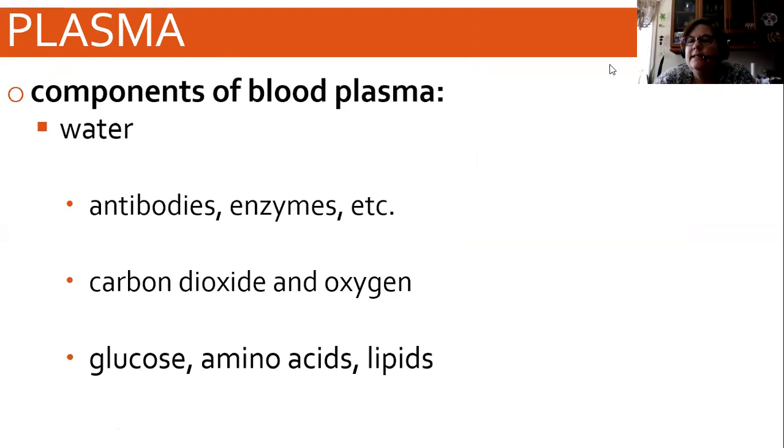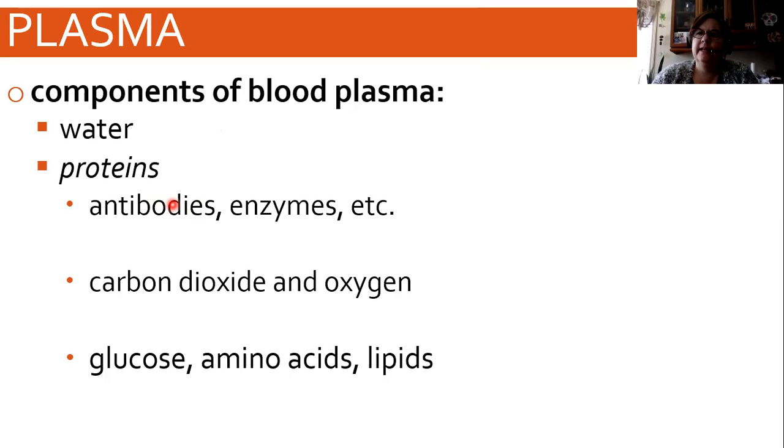All right, so there's stuff that's dissolved in our plasma. So water, number one material dissolved in our plasma, okay? But we have proteins dissolved in our plasma as well. Some of the proteins that matter a lot to us, the first one I have here, the antibodies, well, that's pretty important. Antibodies are little proteins that are made by our white blood cells.